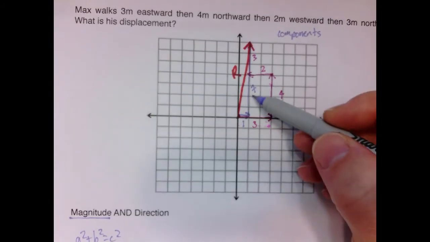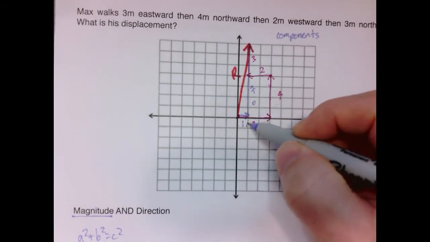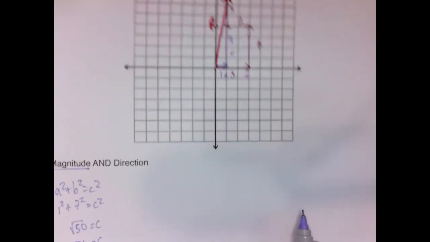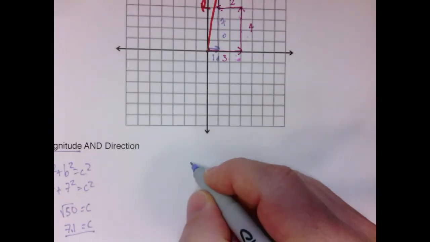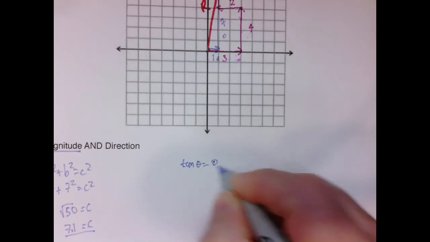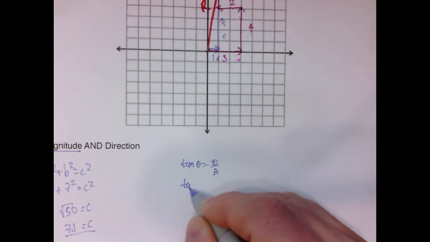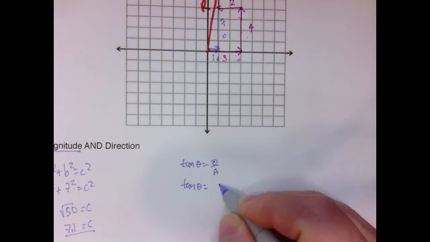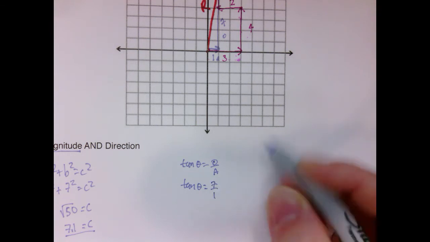So we've got opposite and adjacent. So we have tan theta equals opposite over adjacent. Tan theta is 7 over 1.